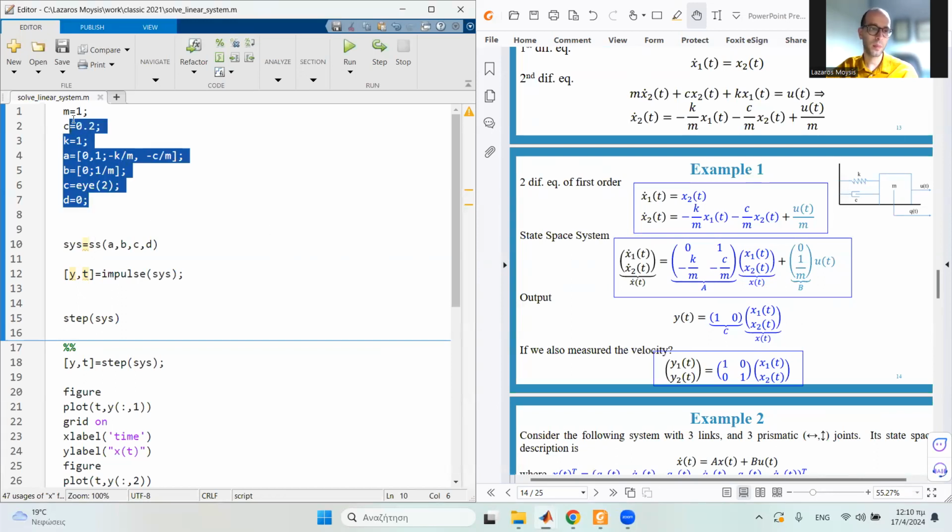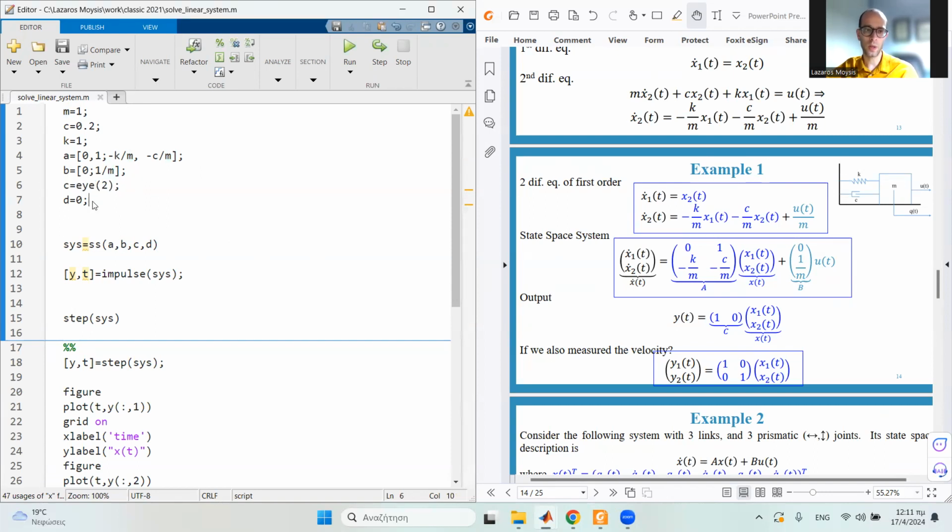So I come here in MATLAB, I define some parameters for the mass and spring and damper coefficients. These are just random ones for this example. Then I define the matrix A, just like you see right here: 0, 1, minus K over M, minus C over M. Then I define the matrix B: 0, and then 1 over M. Then I define the matrix C. Since I want to measure all the states, the matrix C is the identity matrix, right?